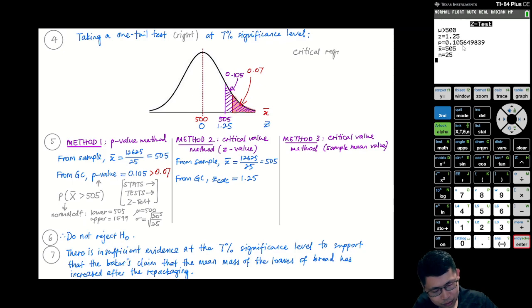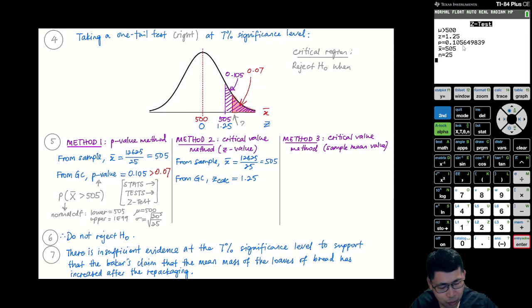So I will need to establish my critical region, and the critical region is where we reject our H naught, reject the null hypothesis. When does this happen? Based on 7%, I need to find out what is the z value over here.